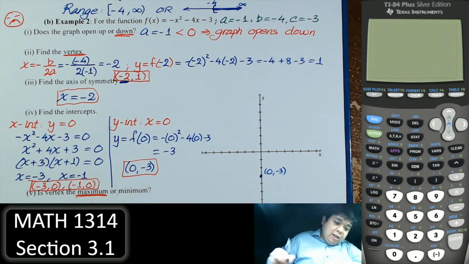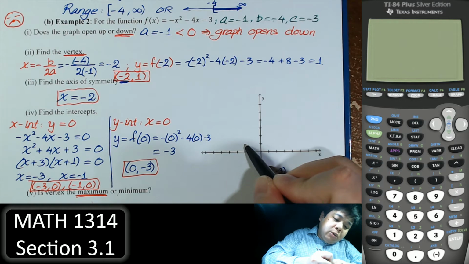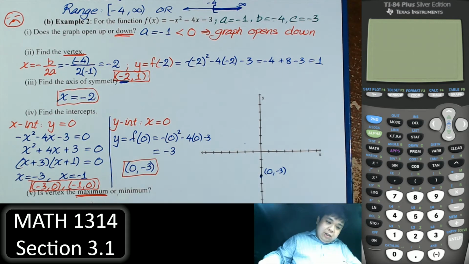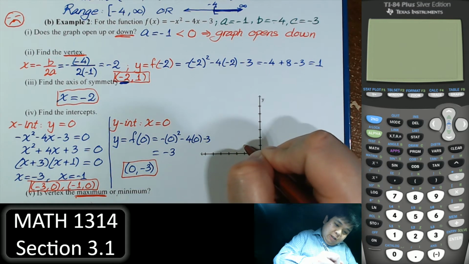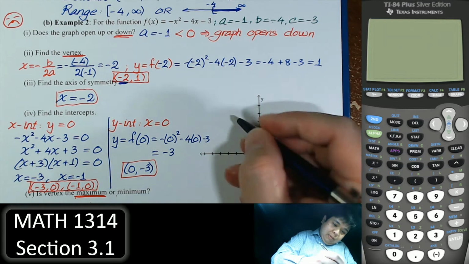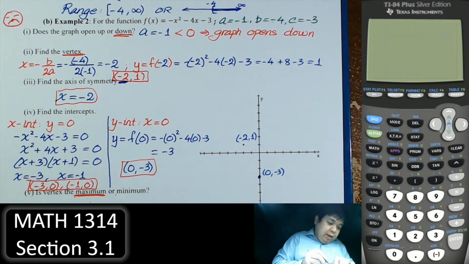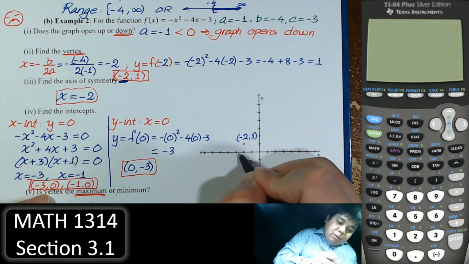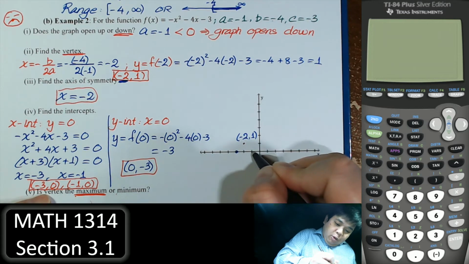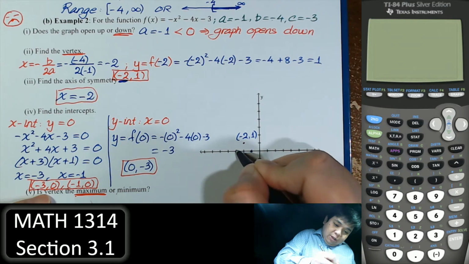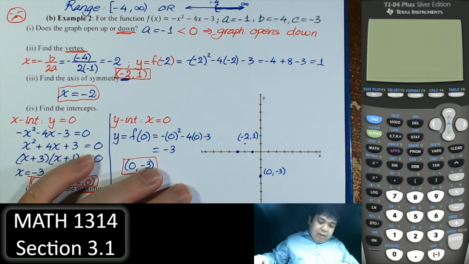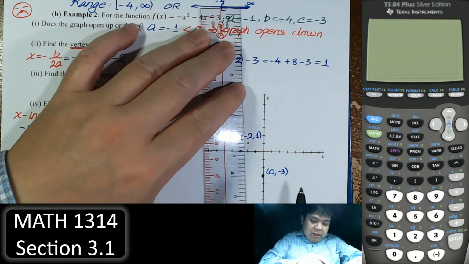The vertex x equal to -2, y equal to 1. So it's about here. And -3, 0 and -1, 0. Those are the x-intercepts, and the axis of symmetry.